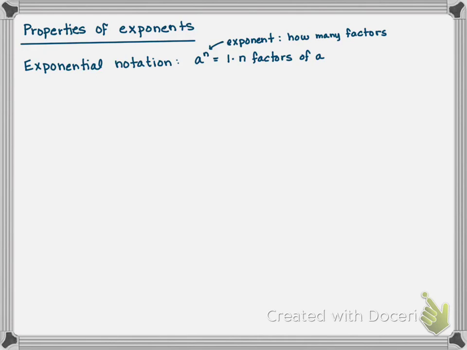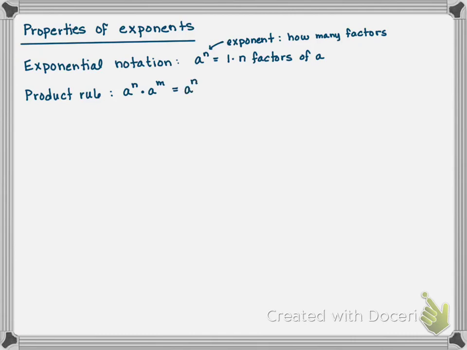And if we think of it that way, we get our first rule, which is the product rule. It says that if I have n factors of a and I multiply by m factors of a, how many factors of a am I going to have?